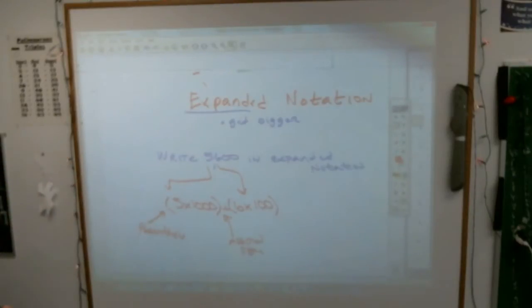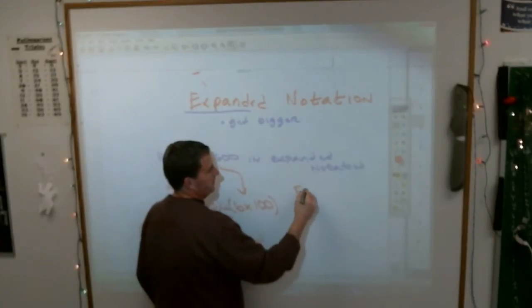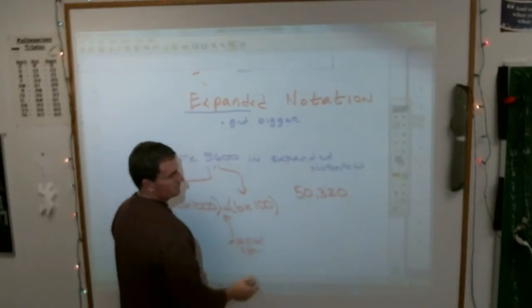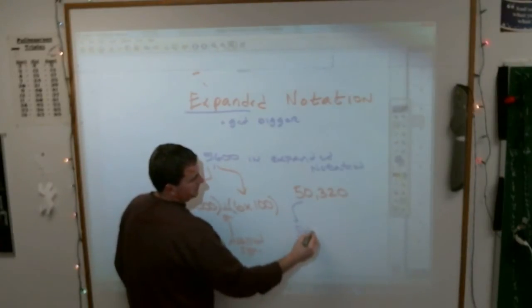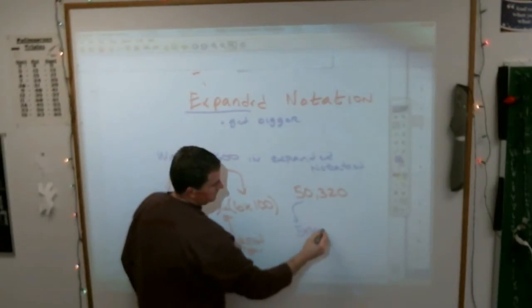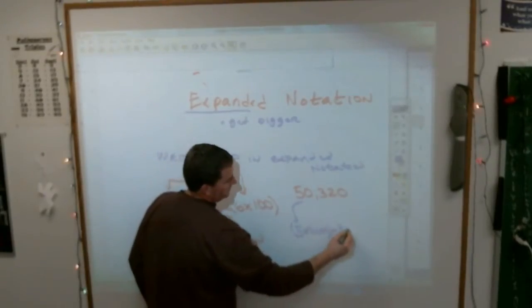You could do a longer number. Maybe you do 50,320. So you're going to have a 5 in the 10,000s place. To that, you're adding a 3 in what place?